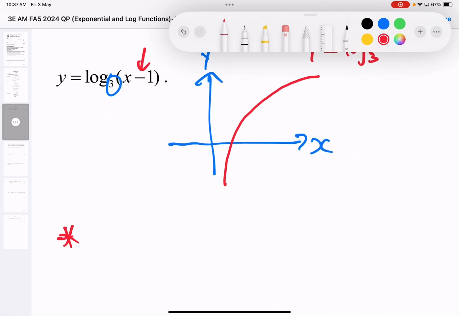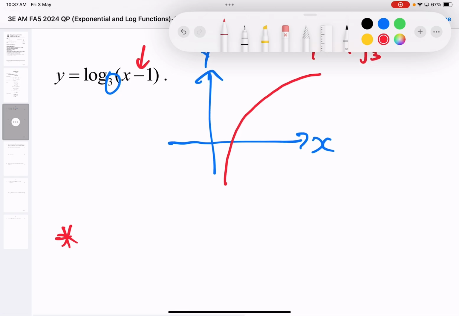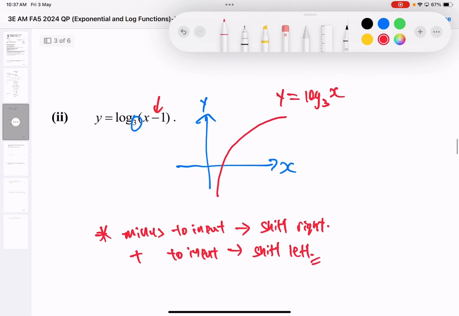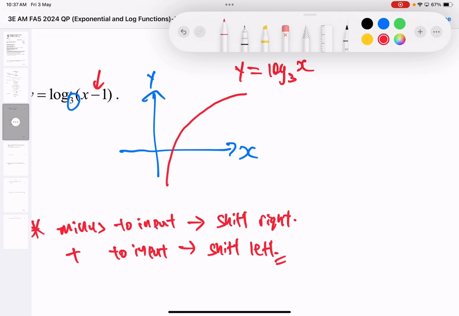If it's a minus to the input, this will be a shift to the right. If it's a plus to the input, we are going to shift left. This one you must know. So we're going to shift right by 1 unit.